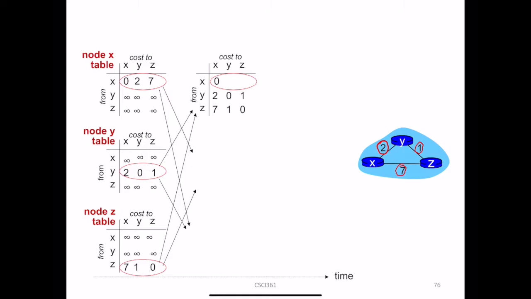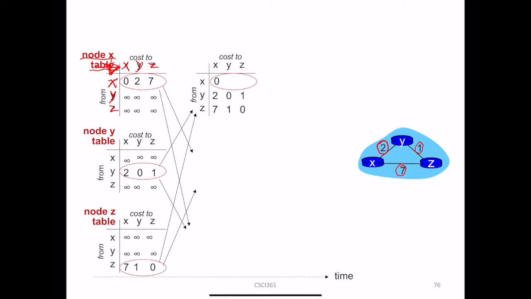first let's see node X's table. X will maintain this kind of table. This column is the router name, same as this row is the router name.